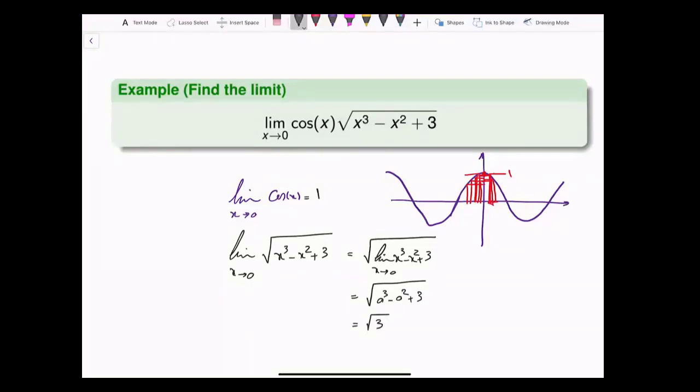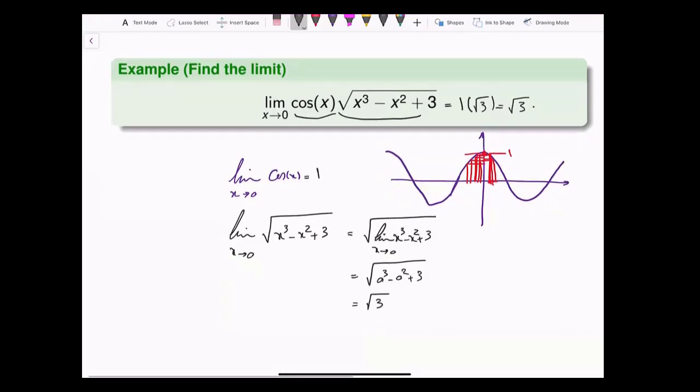Why did I do these things? Because this is now a product of those, so it will be 1 times root 3. So this way, you can combine easy facts about limits of easier functions and find limits of more complicated functions.